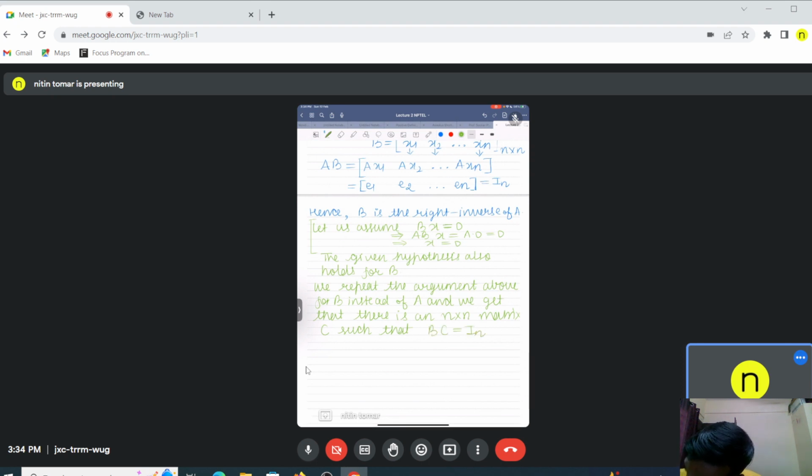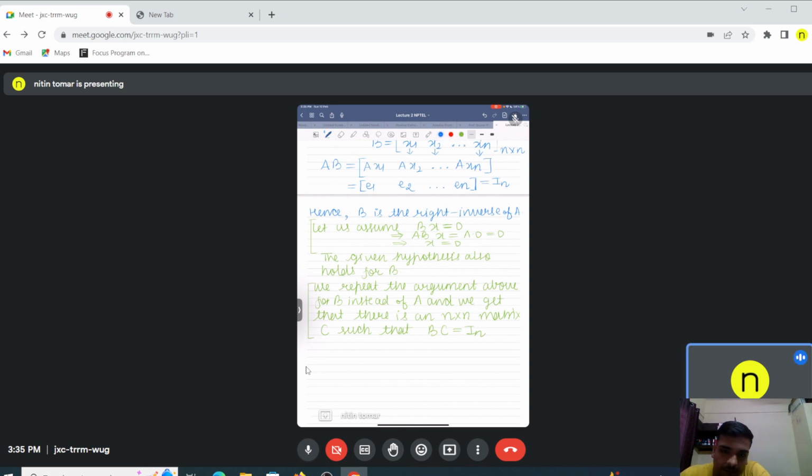Am I correct? When the given hypotheses were true for A, we got the right inverse B. Now if it is true for B, then we'll also get a right inverse of B, which will be some C, correct?